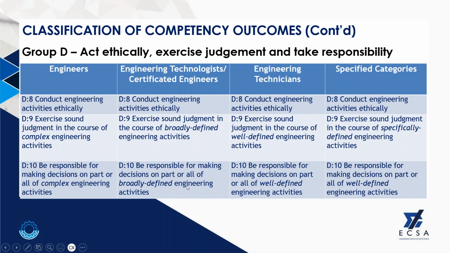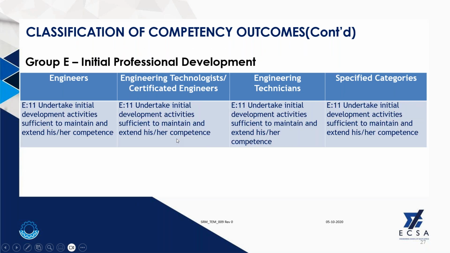Broadly defined engineering level, well-defined engineering activities for technicians, as well as the specified categories on a well-defined engineering activity. So you will see that I've covered all the outcomes that are within that engineering report.